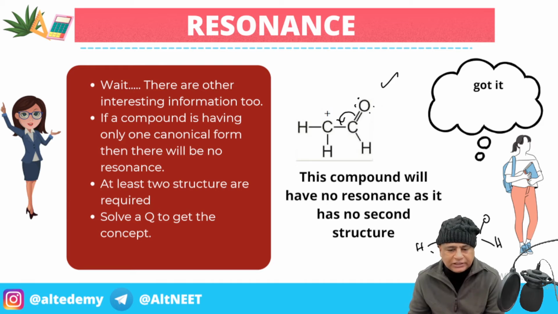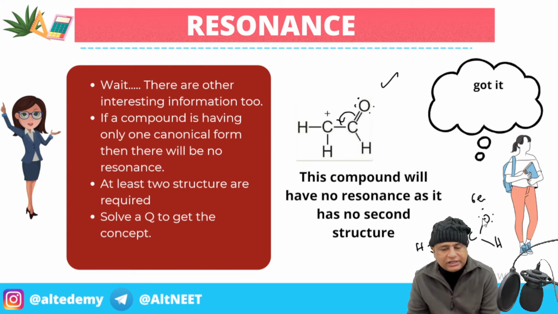And this positive charge has been neutralized. Now look at this oxygen. There are 6 electrons. This is a 6 electron species, highly unstable. So we cannot form it, right? So this compound cannot have a second structure. That is why we are saying that if this compound has 6 electrons, then it will be highly unstable and its energy will be very high, right?